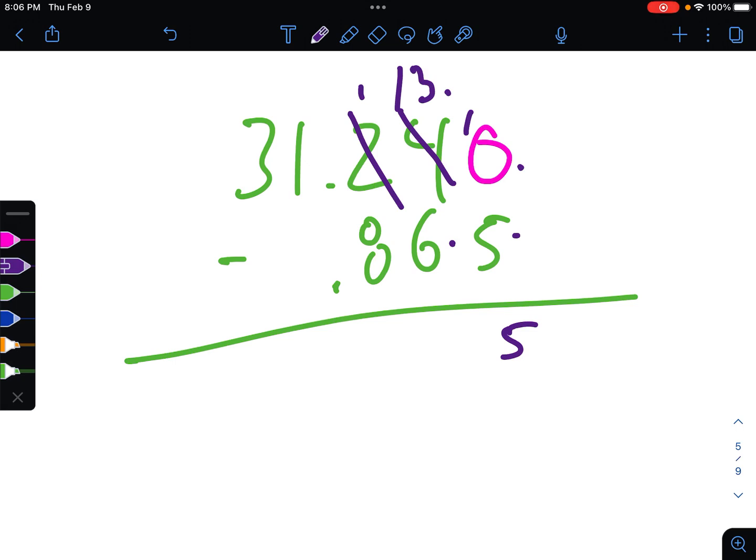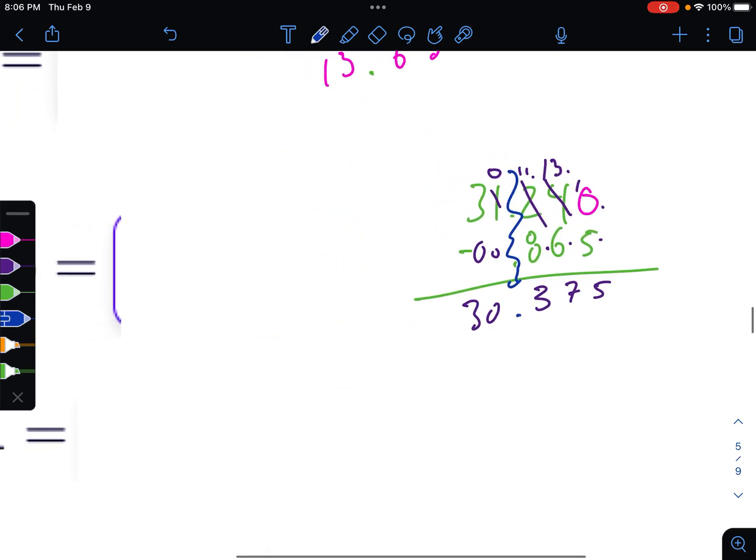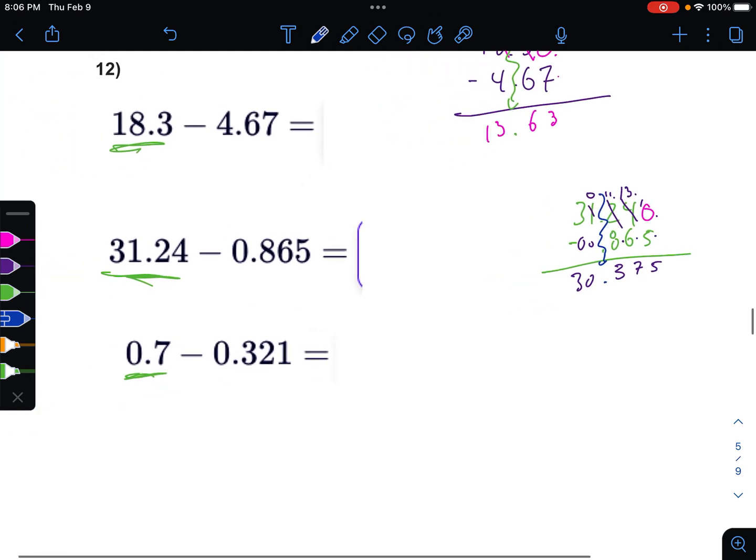Borrowed. 13 minus 6 is 7. 1 minus 8, nope. Got to do the 0. Wow, this is like some crazy borrowing. 11 minus 8 is 3. And then I just have this 30 left over. And that decimal is just going to fall right into place. Love when that happens.